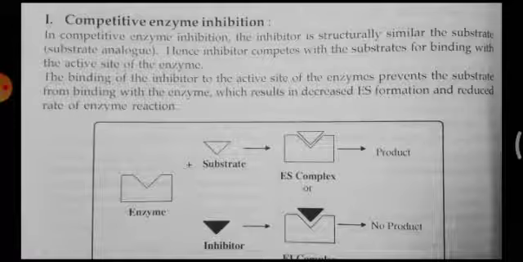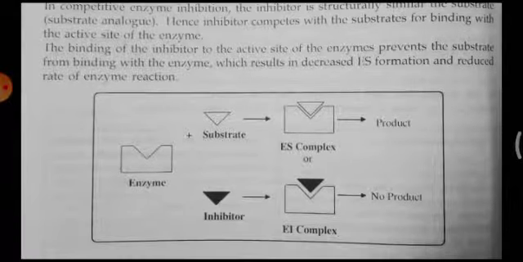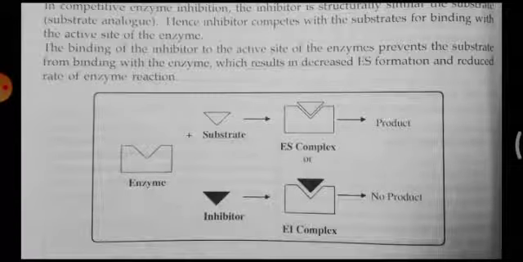The binding of the inhibitor to the active site of the enzyme prevents the substrate from binding with the enzyme, which results in decreased enzyme substrate formation and a reduced rate of enzyme reaction, where the product production is less. For example, in the downward pattern, enzyme plus inhibitor gives the enzyme inhibitor complex, and whenever the inhibitor binds to the active site, there is no place for the substrate to bind, hence the enzyme activity is reduced.